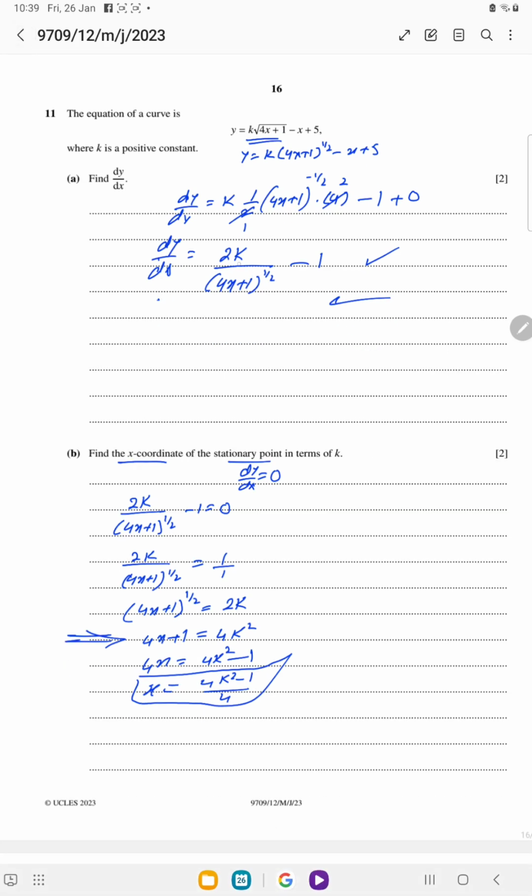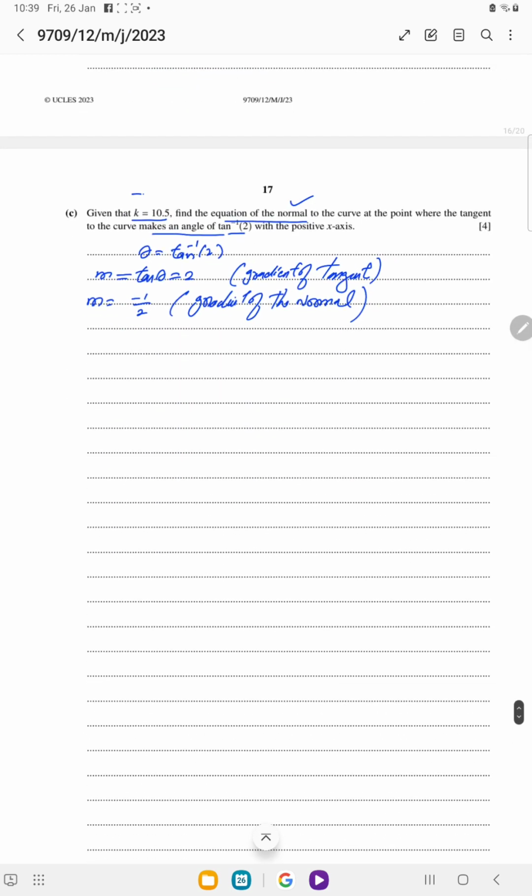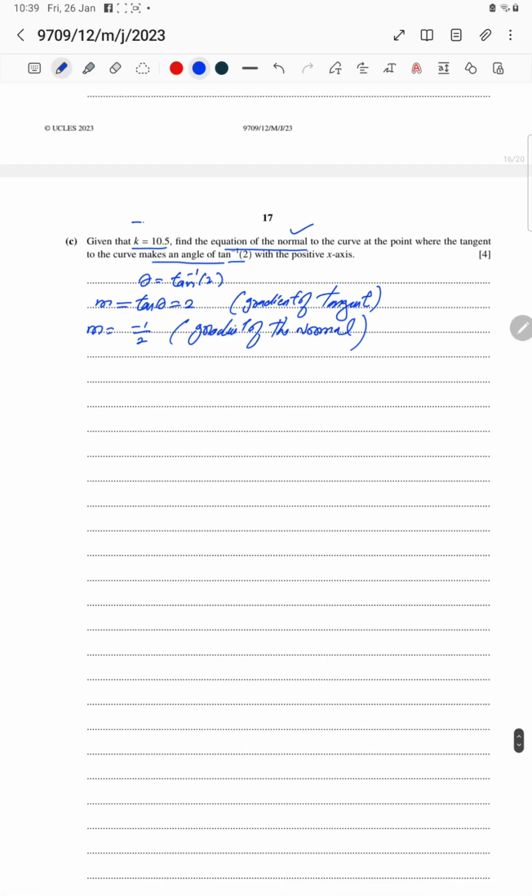So I'm going to replace the gradient here, equal to 2. So here, I will get 2k over (4x + 1)^(1/2) minus 1 equal to 2. So shifting, 2k over (4x + 1)^(1/2) equals 3. Now what to do?